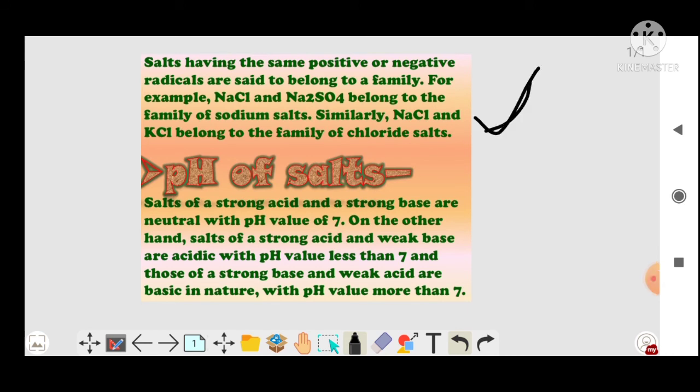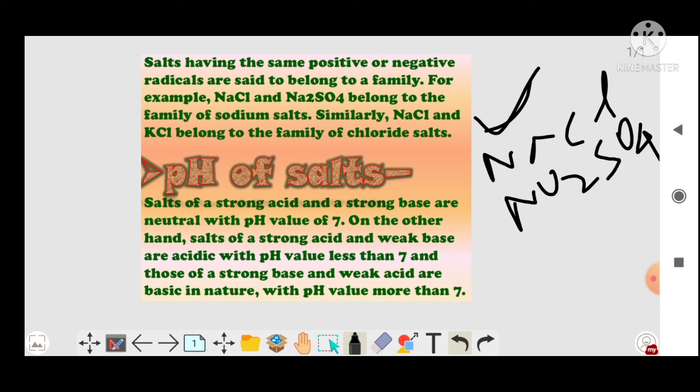Salts having the same positive or negative radicals are said to belong to the same family. For example, NaCl and Na2SO4, sodium chloride and sodium sulfate, both have sodium ion. So these are called sodium salts.